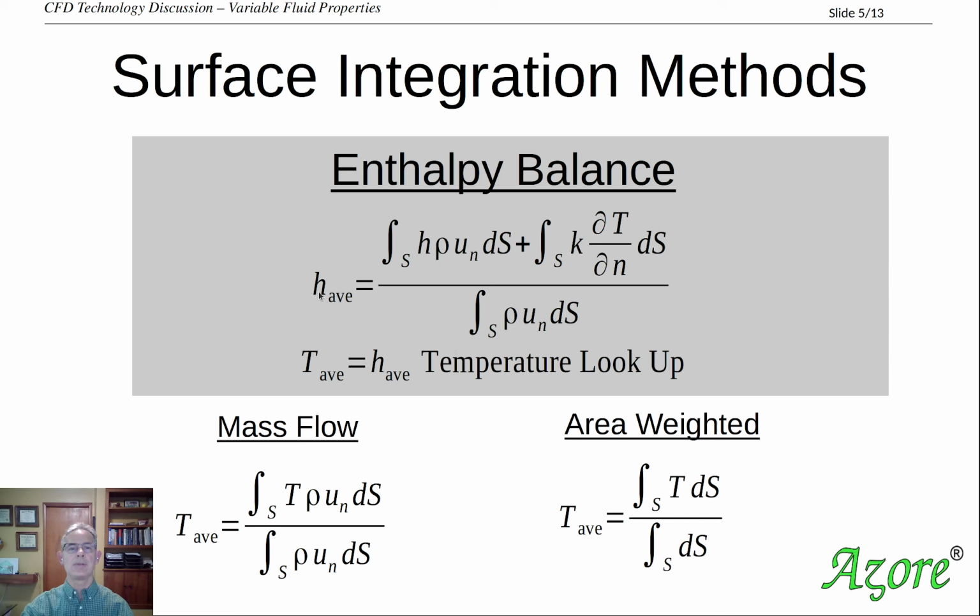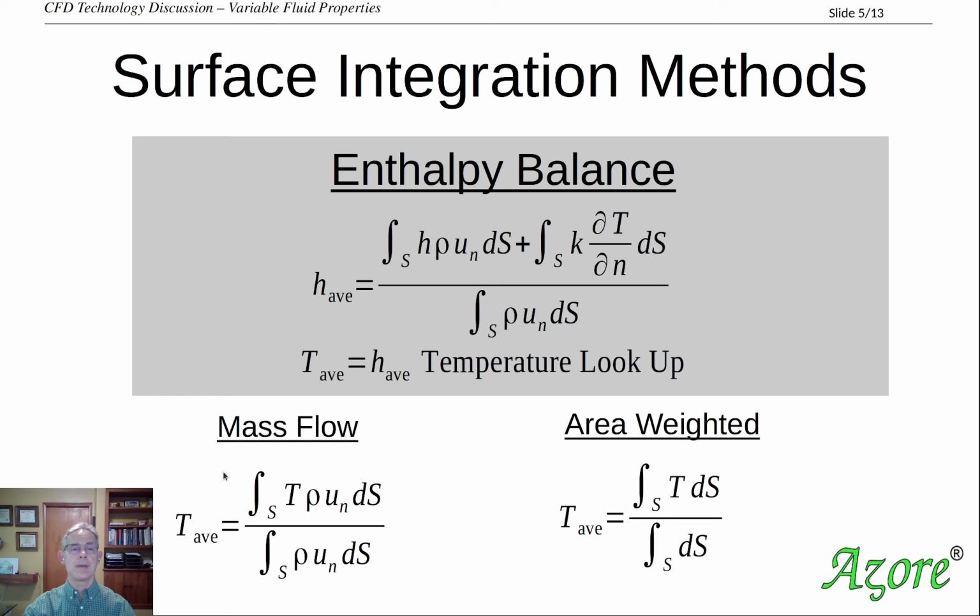When you do that, you get an enthalpy value that is an average value of the energy flux through the surface. Then you can take that average enthalpy and use the lookup representation between temperature and enthalpy to find a representative average temperature that is the temperature you would expect from an energy conservation standpoint. But there are other methods that you might want to use as well.